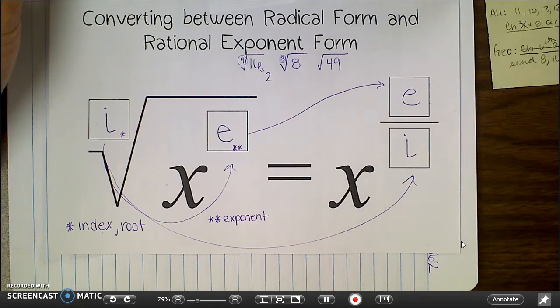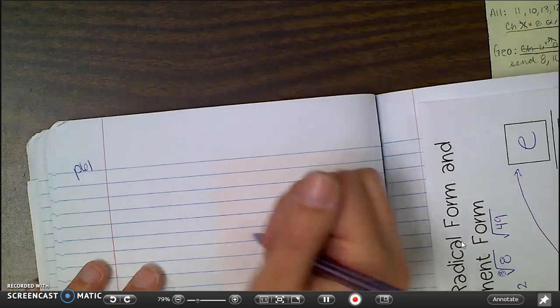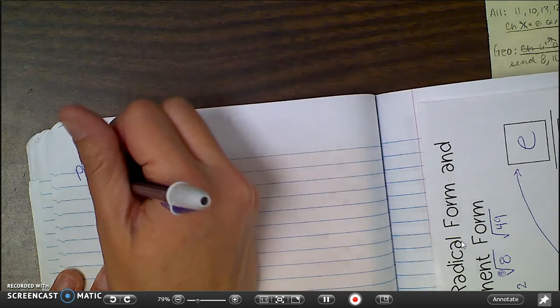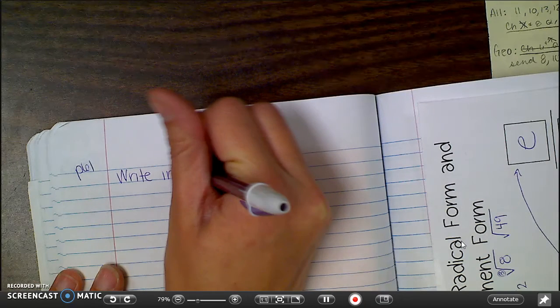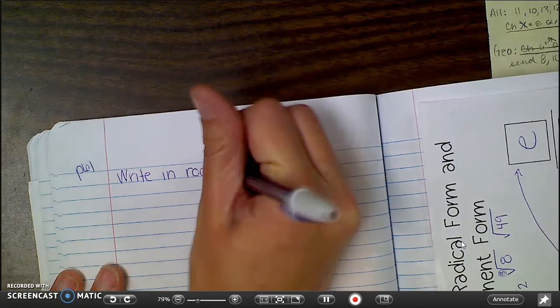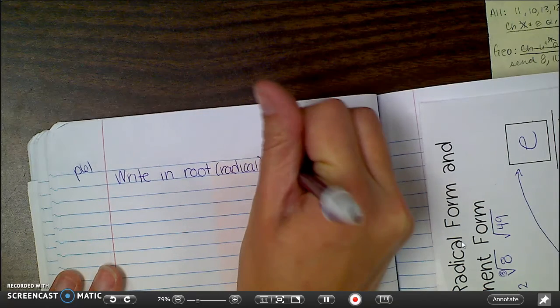Okay, so let's go to page 61. We're going to try some examples, and then we're going to practice this a ton in class tomorrow. So we're going to just first write in root, radical form.